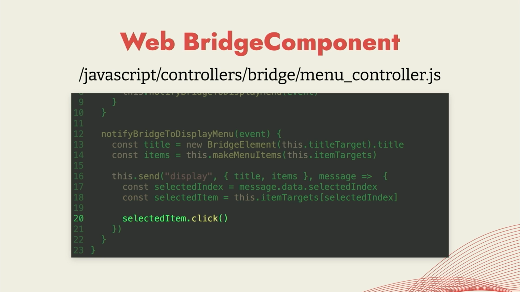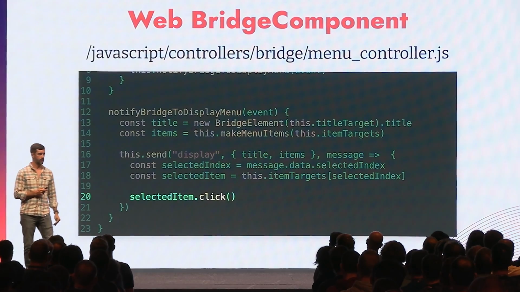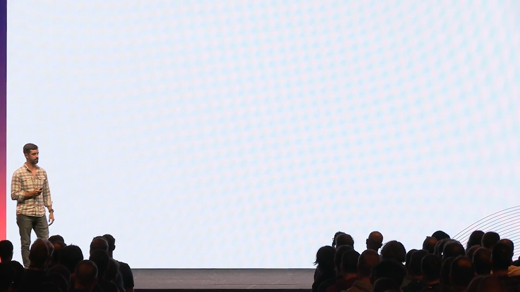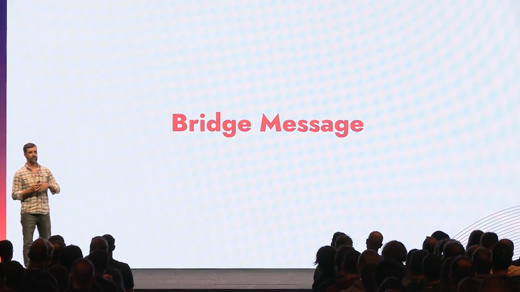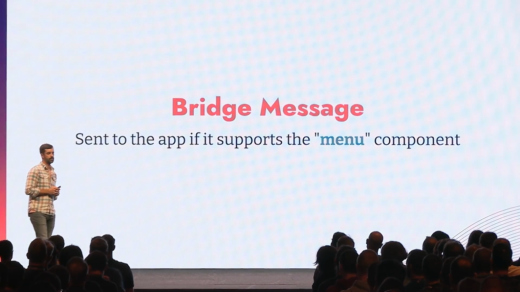And then we're just going to click that. So once we click that, the menu controller that you've already set up for your web app will get invoked, and that's all you need. All right, so we set up the web component. It's going to pass a message to the native app.